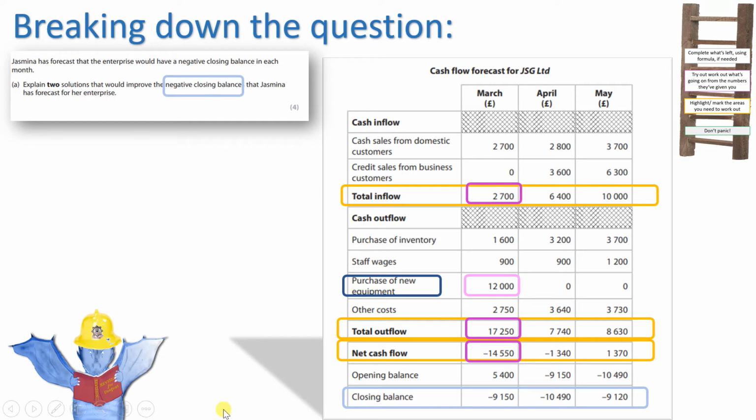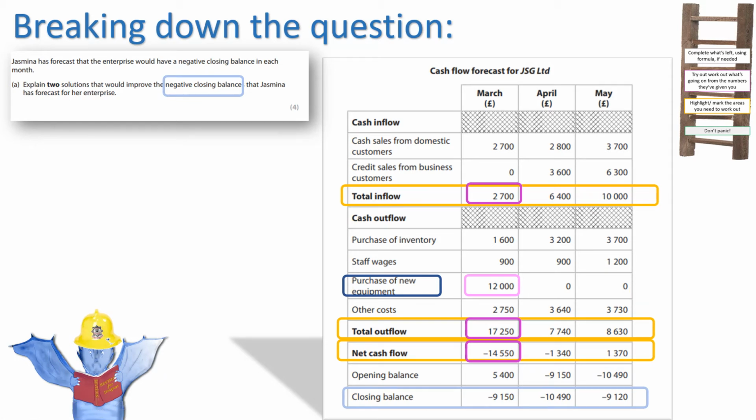So obviously she can't change the price of the item. So she needs to look at that £12,000 compared to the 2,700 income she's got in March. Well, the first thing she could think of is perhaps spreading out her payments so that she can pay monthly, and she can do that perhaps if she gets a trade credit.